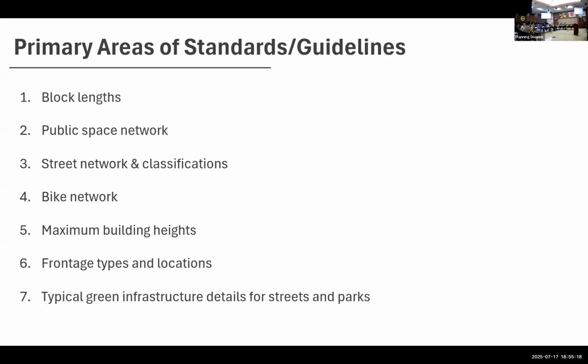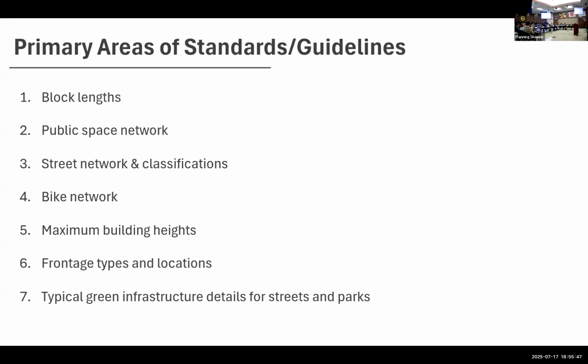So one of the areas would be looking at block lengths and making sure that we don't create mega blocks within the plan area. Then creating a public space network that would be required, creating a street network, and honing down on the street classification and their right-of-way widths, etc., for any of the new streets that we would develop.